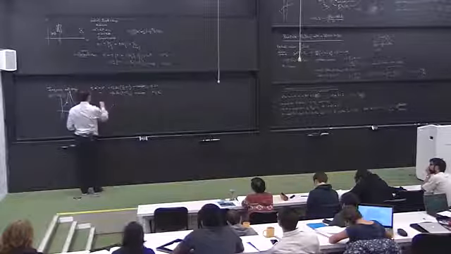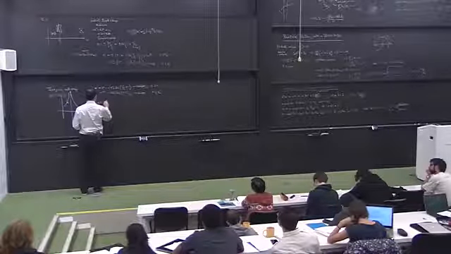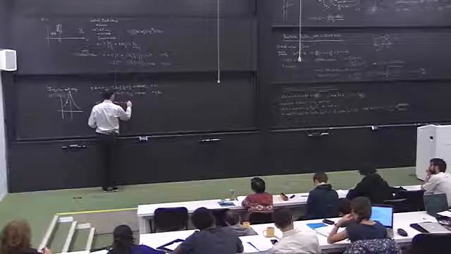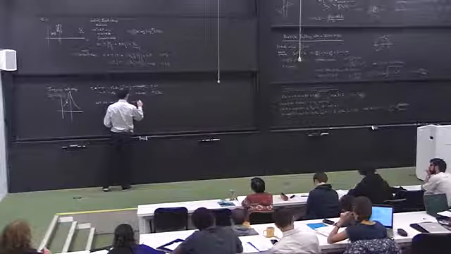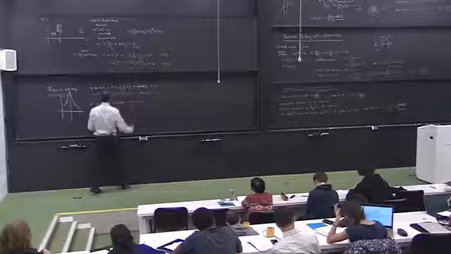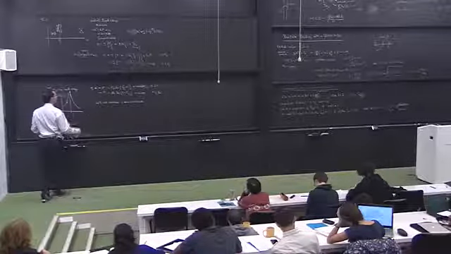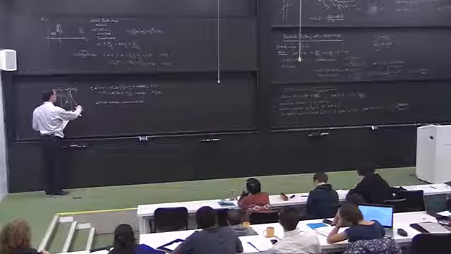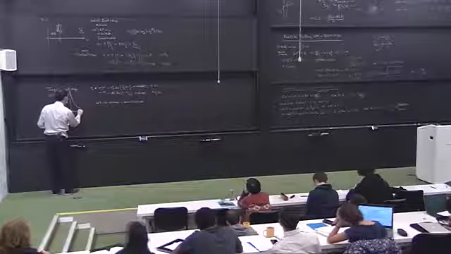So motivated by this, let us choose a new coordinate. The point is that if we have these null rays, we've got a family of them, right?